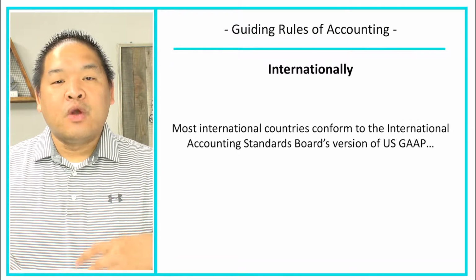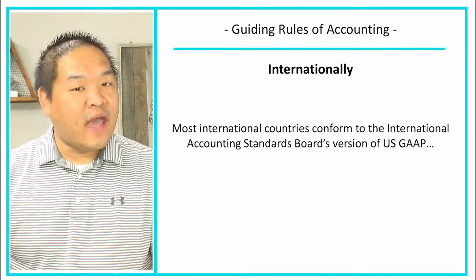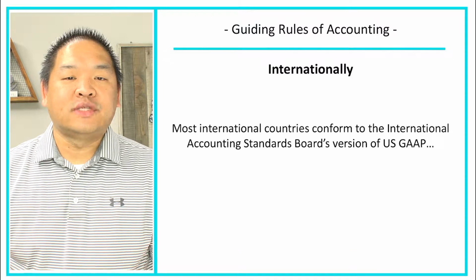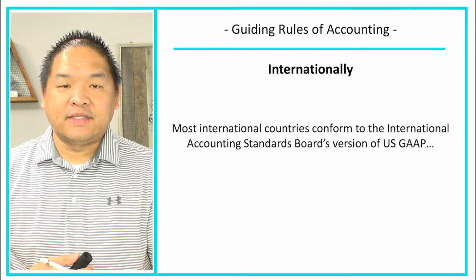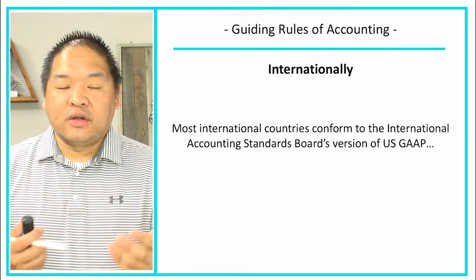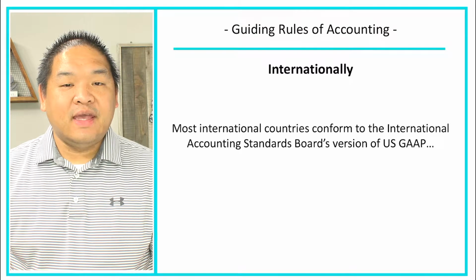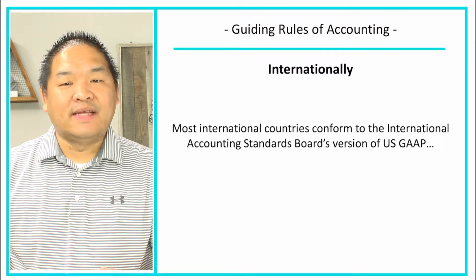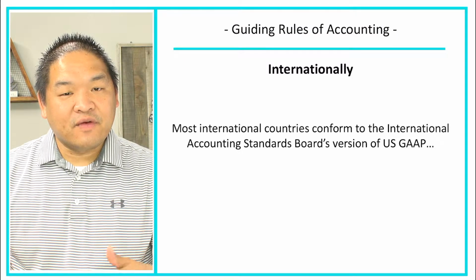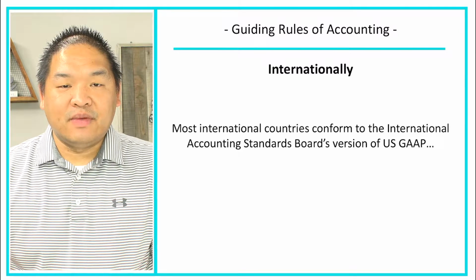They come up with a standard of GAAP, you could say, for those countries that want to adopt it. So in the United States, you have to use US GAAP. That's the adopted Generally Accepted Accounting Principles in the United States. But throughout the world, they may decide that they want to follow IASB. Why? Because they have a different look at how accounting should be from a financial statement standpoint.